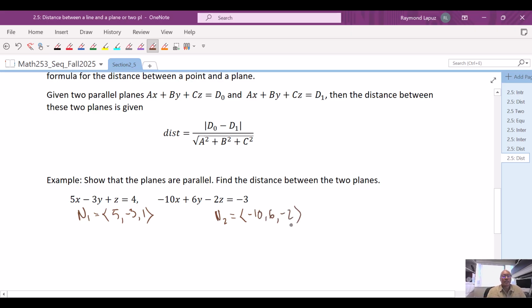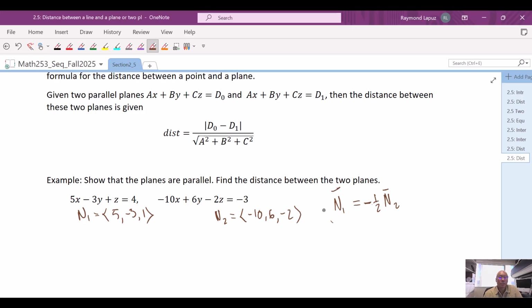And you can see that they are scalar multiples of each other. In fact, you can write n1 as a scalar times n2. All the signs can change, and then I would multiply this by 1/2. I could have multiplied n1 by -2 to get the same result. But in any case, this is what we have.